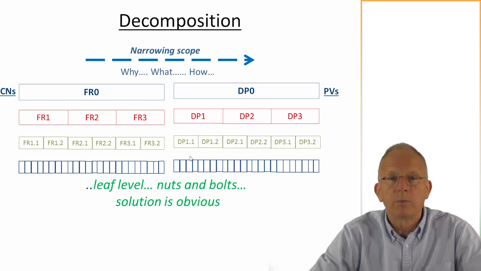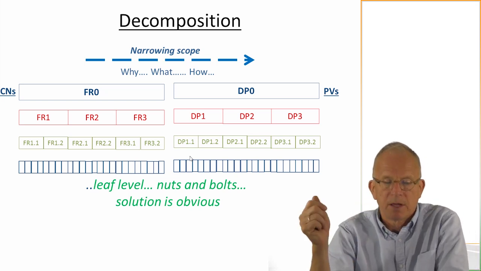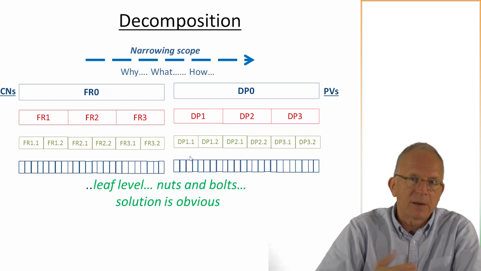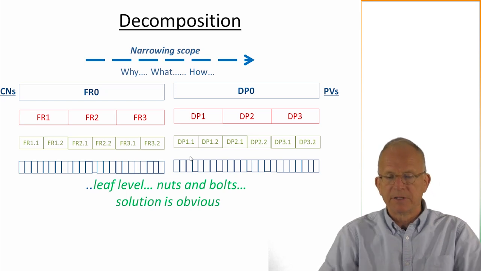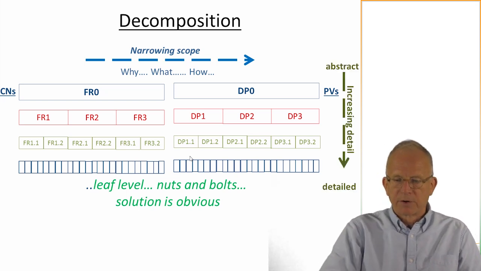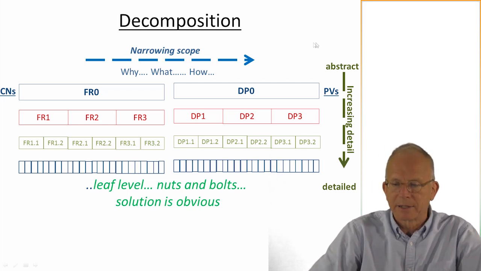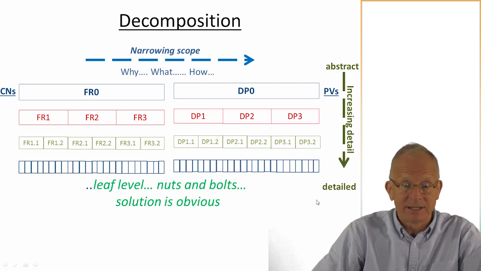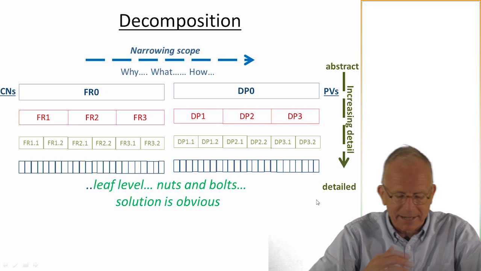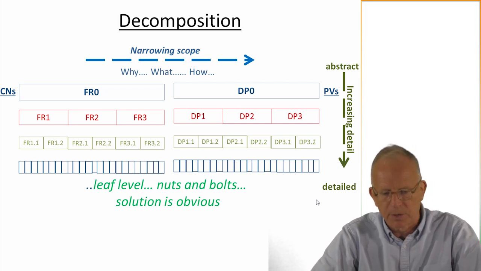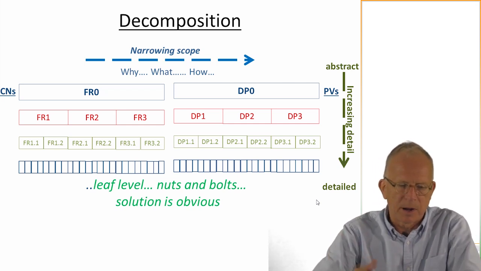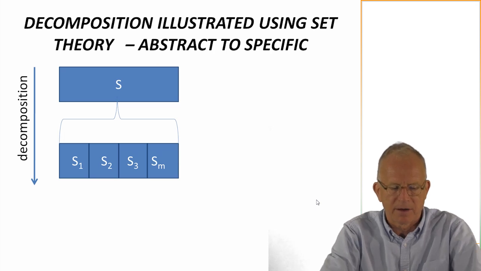At some point we reach what we call the leaf level, or the nuts and bolts, and at that point the solution is obvious. We have enough details, we don't need to decompose further. So we've gone from the abstract at the higher levels through increasing detail to the detailed solution. That's the essence of the decomposition, and we spoke in the previous section about how to develop some of the FRs.